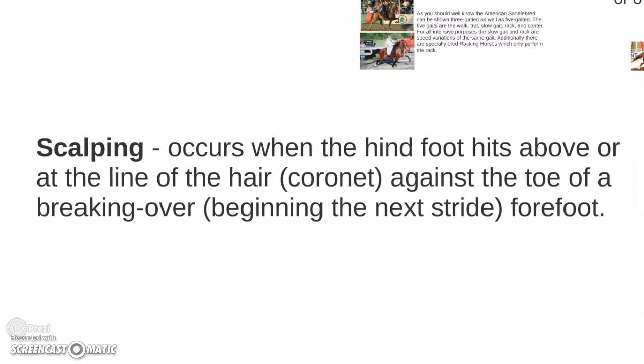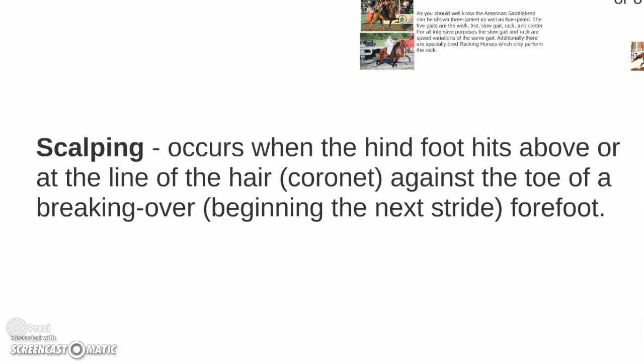Scalping: this occurs when the hind foot hits above or at the line of the hair, or the coronet band, against the toe of the breaking over forefoot, which is the beginning of the next stride.